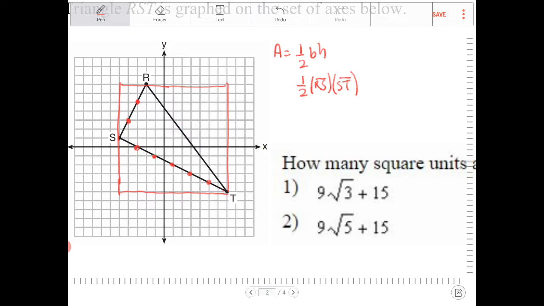So RS, looking at that, that's the Pythagorean theorem there. I go up 6 and over 3. That's just the square root of 6 squared plus 3 squared. That's the length of RS. And then the length of ST, it looks like I go down 1, 2, 3, 4, 5, 6. I go down 6, and I go over 12.